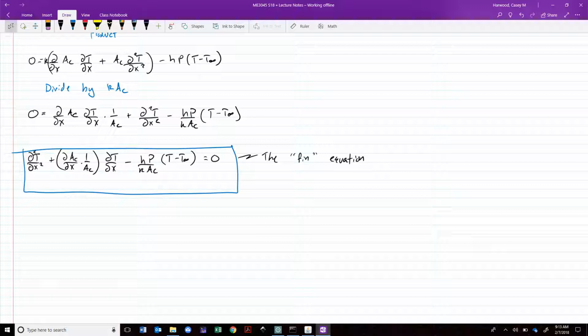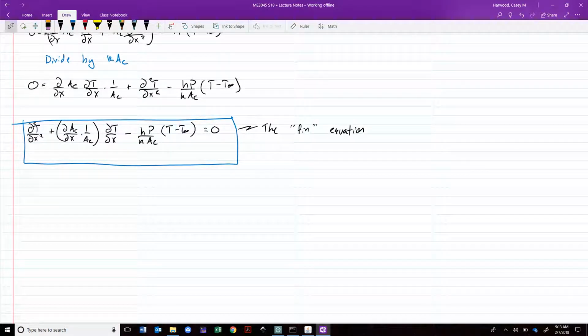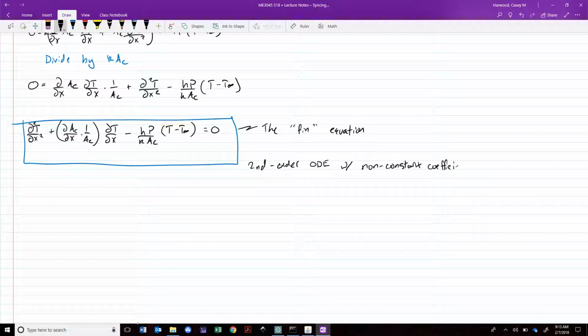Okay, so right now it has potentially non-constant coefficients because this AC changes. So this has non-constant coefficients, which I got one step ahead of myself there, which is still pretty hard to solve, actually, because if AC is made a function of x, things get sort of dicey.